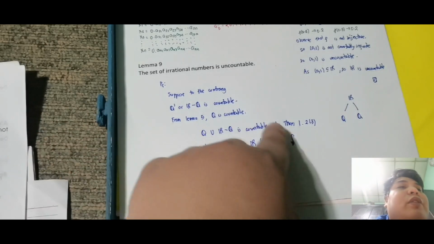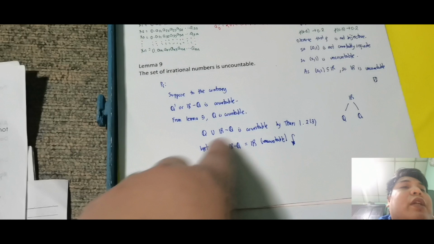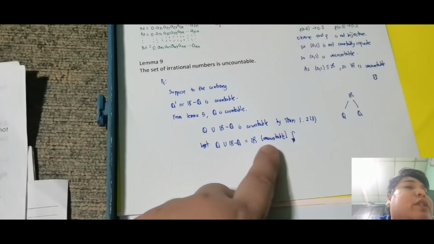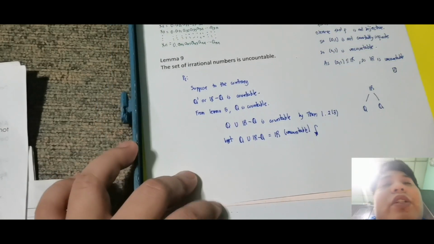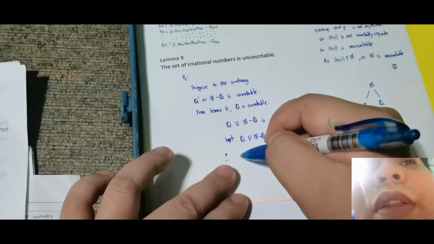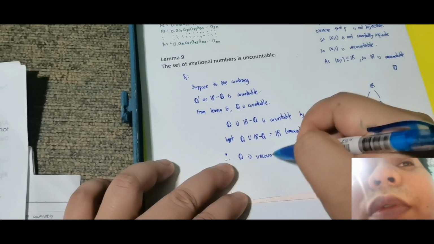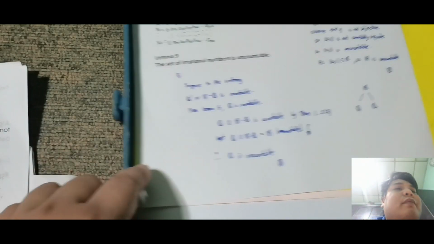Kasi nga, by theorem 1.2 number 3, yung union ng dalawa is countable. Pero nangyari nga, yung union nilang dalawa ay yung real number, which is uncountable. Therefore, there is a contradiction. Since nakahanap ako ng contradiction, therefore, Q prime is uncountable. Okay? And this is done.